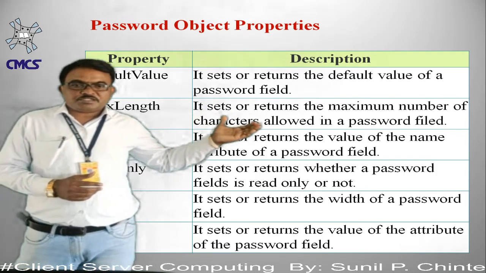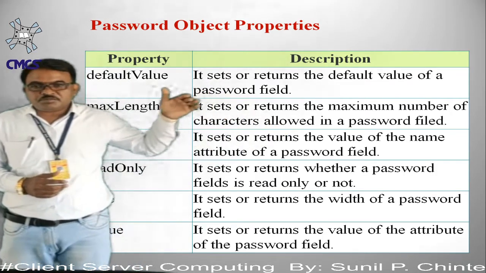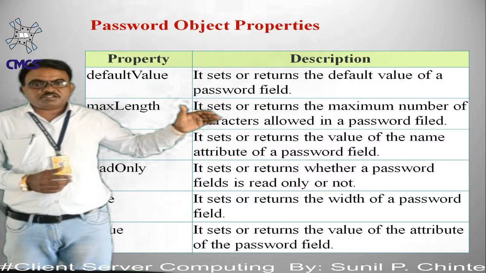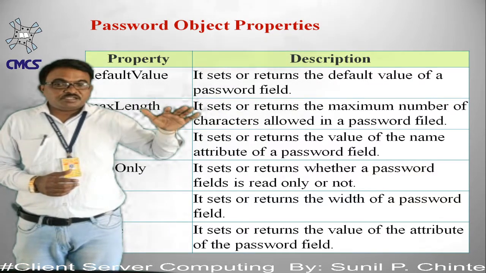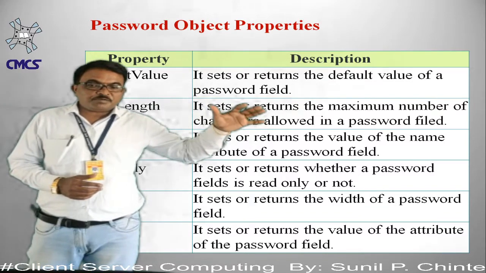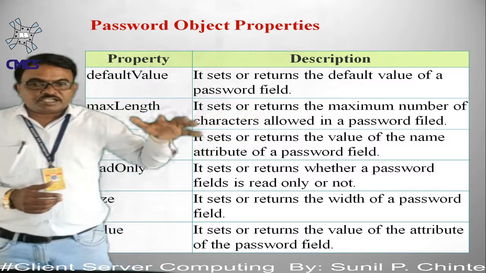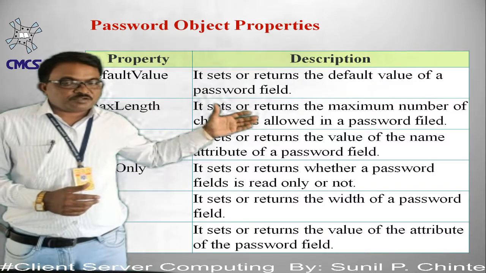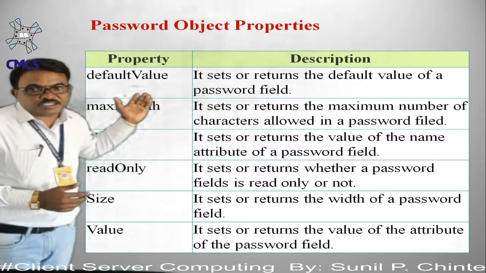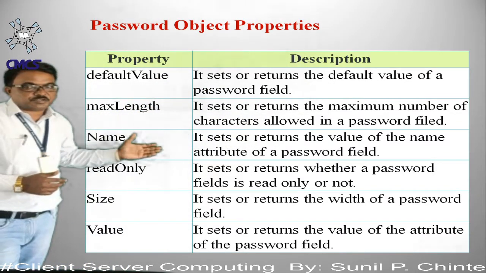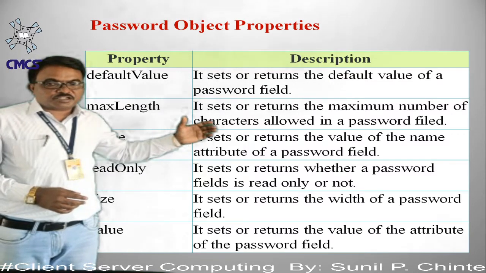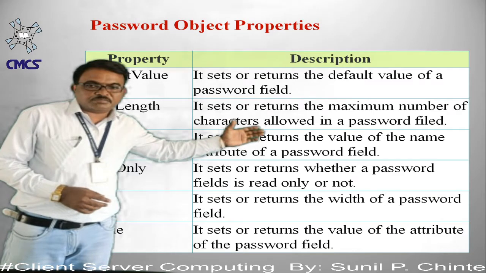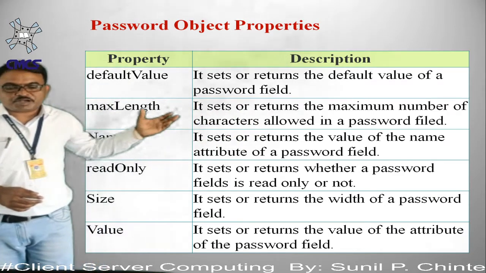The maximum length property specifies the maximum number of characters allowed in the password field. It means what should be the maximum length of characters accepted by that password field, specified by the max length property. Next is the name property. It sets or returns the value of the name attribute of the password field.